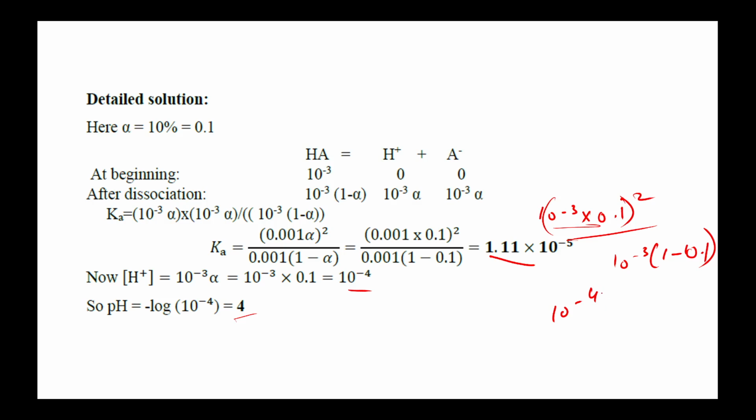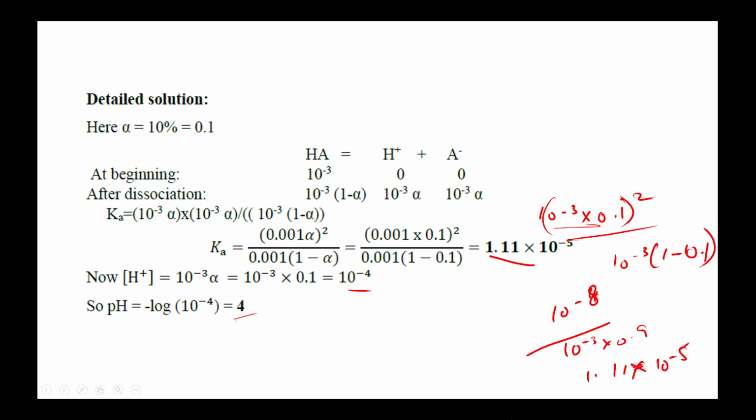into 2. So this will be 10 raised power minus 8 divided by 10 raised power minus 3 into 0.9. So minus 8 minus minus 3, this will be minus 5. So 1 divided by 0.9 is 1.11 into 10 raised power minus 5.